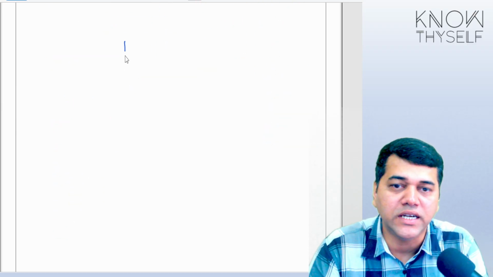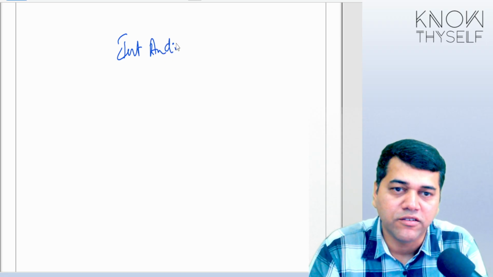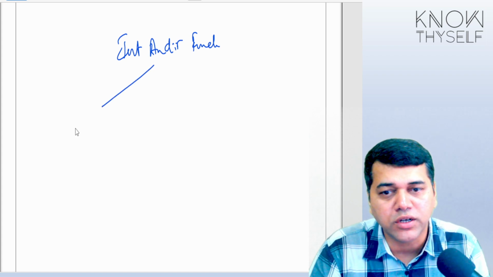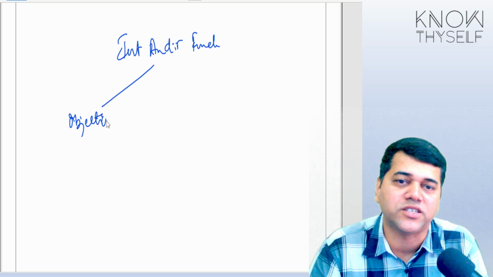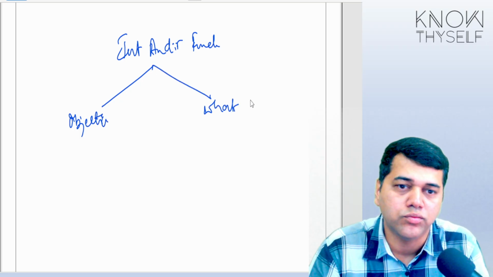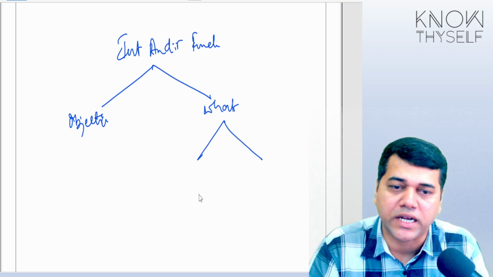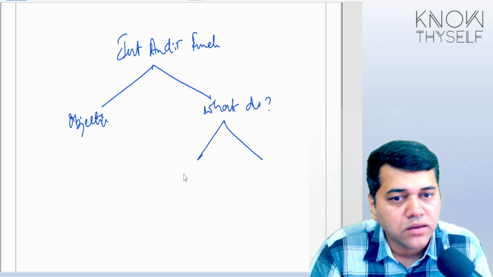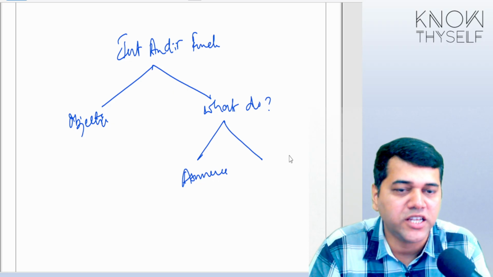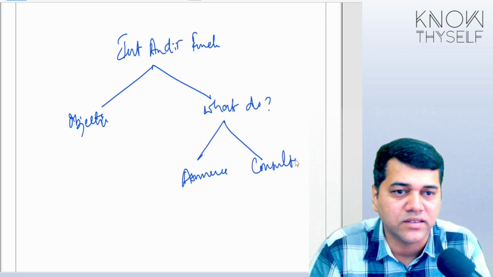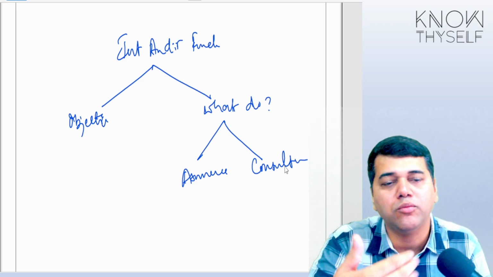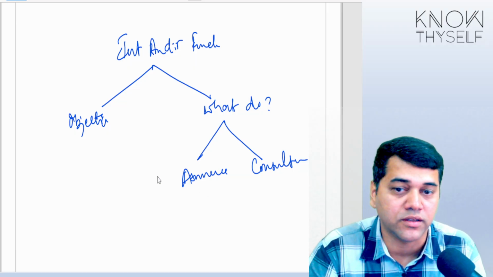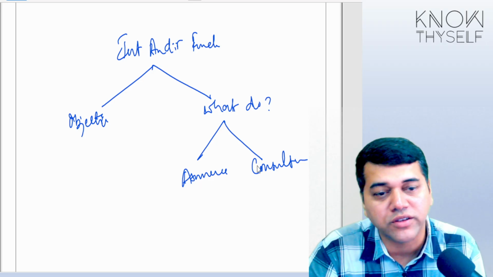When you talk about the internal audit function or department, we need to understand their objective, why they exist, and what they do. What they do is primarily two activities. They will give assurance to the management, and they will do consultancy. In consultancy, there is no more assurance. They are going to suggest something to do. Here they will independently verify or audit things. What is their objective? Why are they doing this assurance and consultancy?